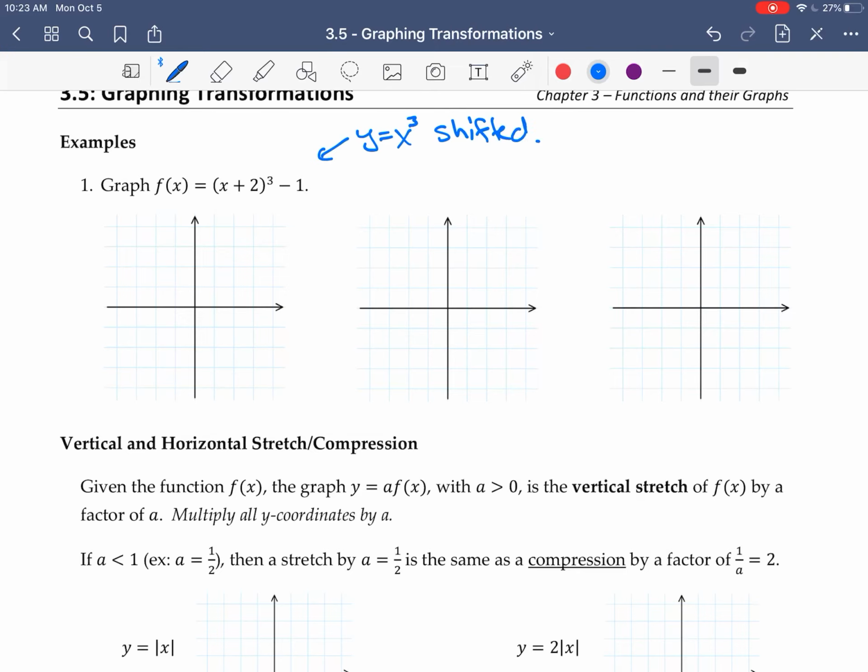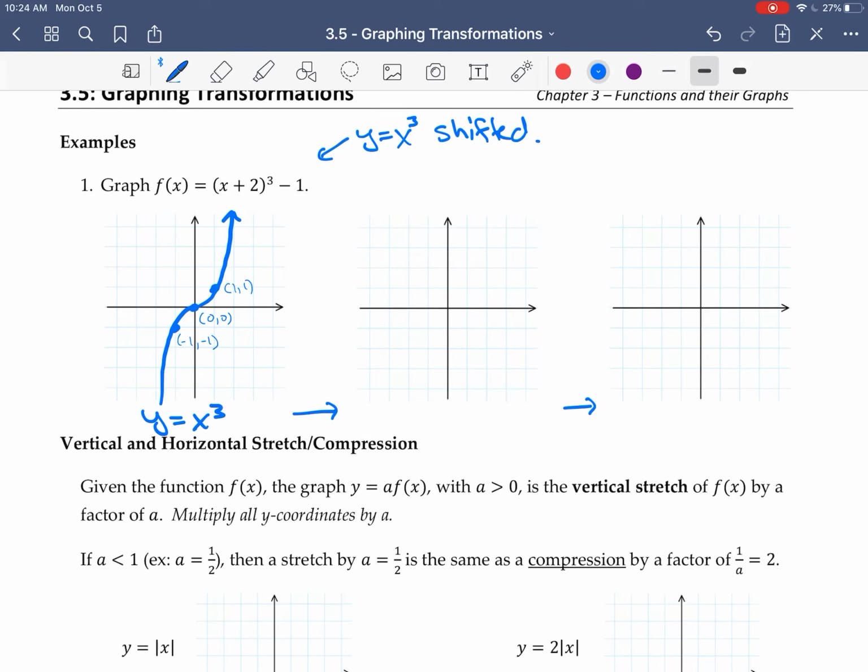We're going to do one shift at a time. We know what the y equals x cubed graph looks like, something like that, and I have those 3 points. Maybe I want to write the coordinates: (0, 0), (1, 1), and (-1, -1).